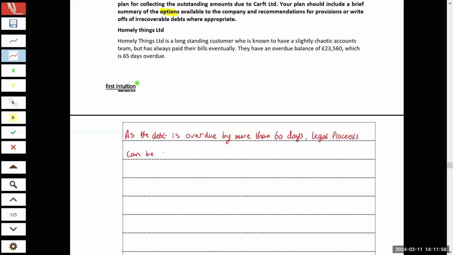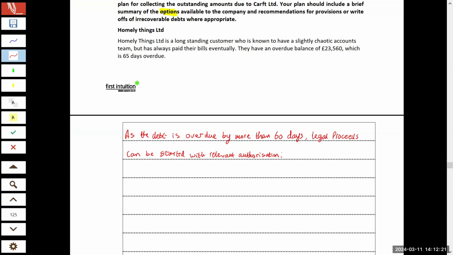These can be started with the relevant authorization from the finance director. Of course, that's one option that we have available to us.